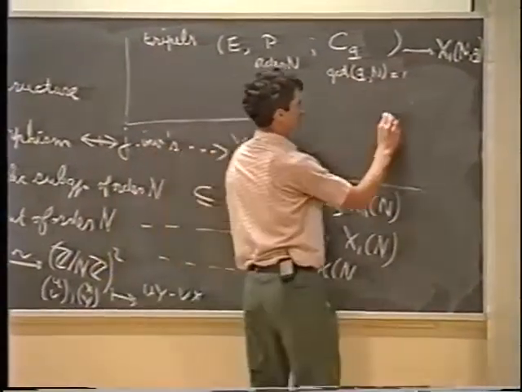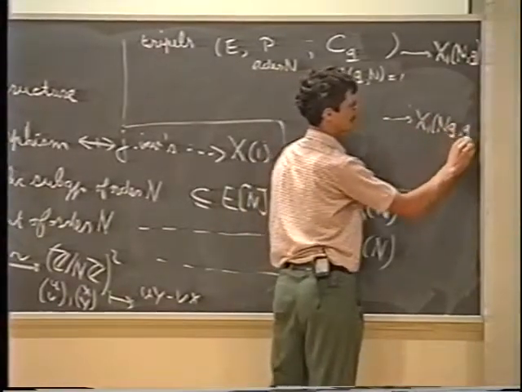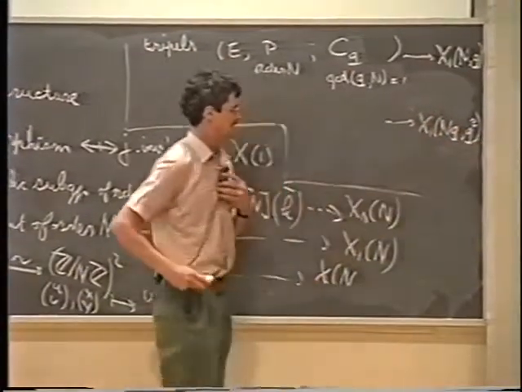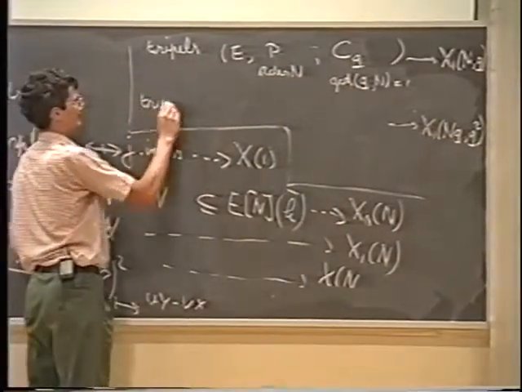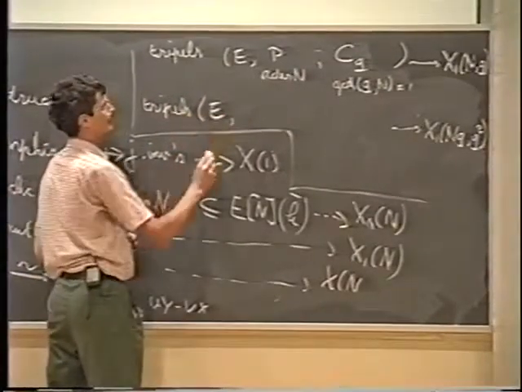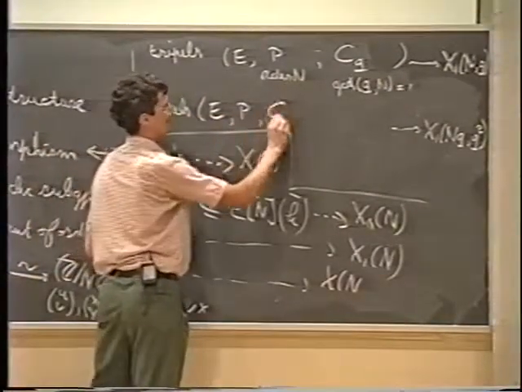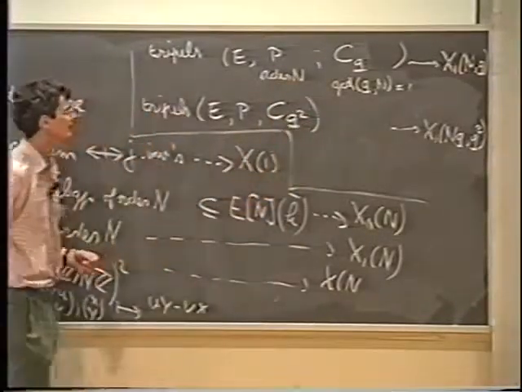And then there is a gadget called X1 of n times Q and Q squared, which also plays a role. And that corresponds to slightly more subtle triples. It's an E, it's a P, and it's a subgroup of order Q squared.